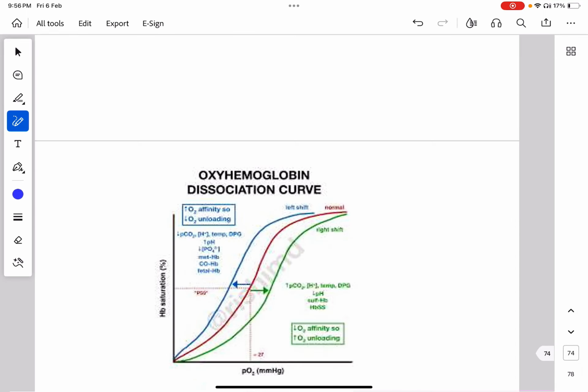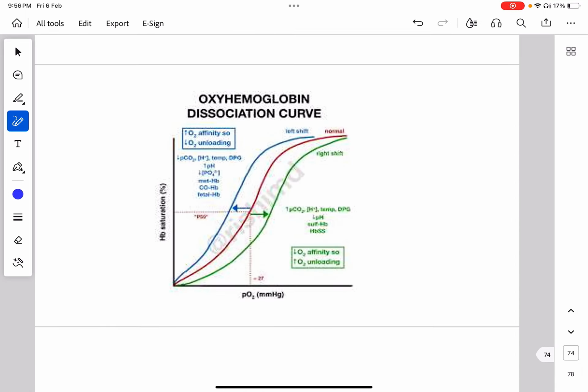Okay. Now let's see about this oxyhemoglobin dissociation curve. This red line is the normal curve. This green line is shift to right, and this blue line is shift to left. Now what is happening? Shift to right means, ये देखिए, ये partial pressure of oxygen है, ये hemoglobin saturation है. Now if we see, इस hemoglobin saturation पे ये PO2 लेवल है. ठीक है, और यही सेम पे यहाँ left, if the graph is shifting to left, then this is the PO2 level.